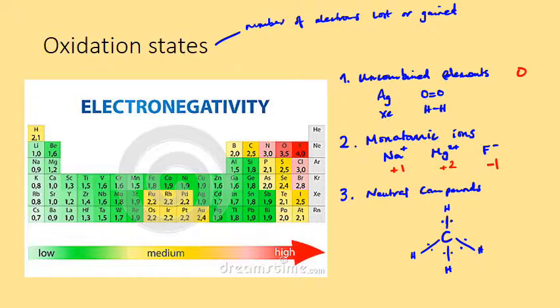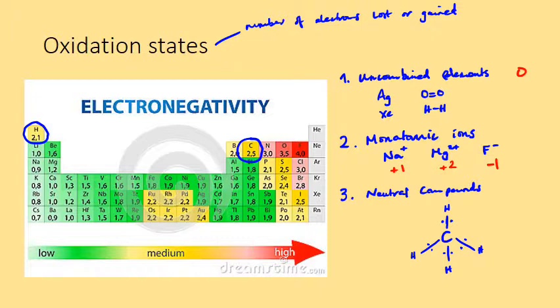So if they were ionic, which out of carbon and hydrogen would take the electrons? Because carbon, for example, can either lose 4 electrons or gain 4 electrons because it's in group 4. That's where we need to look at the electronegativity table, and you see that carbon is there at 2.5 and hydrogen is here at 2.1. So carbon, you can see, is more electronegative than hydrogen.